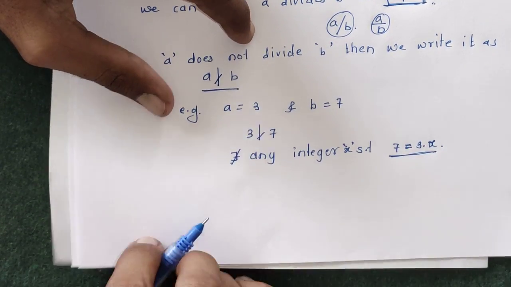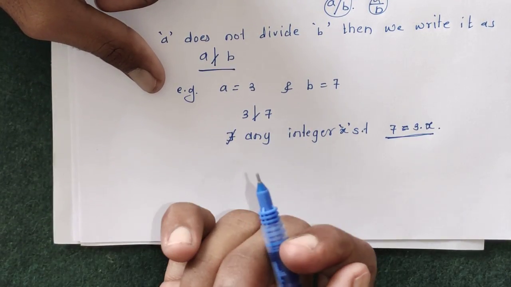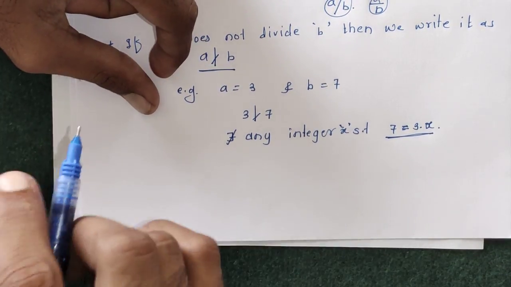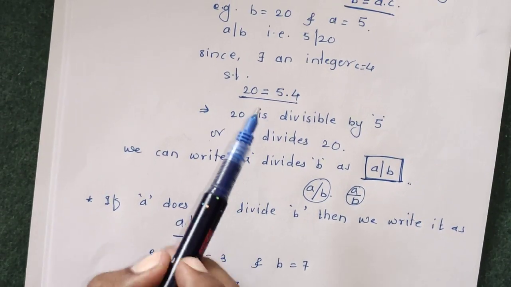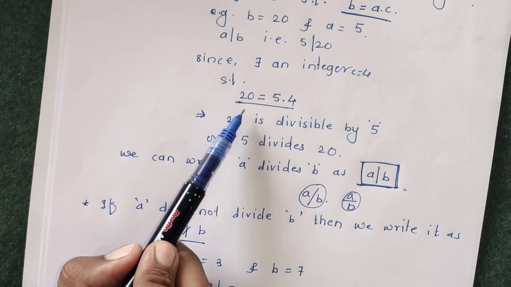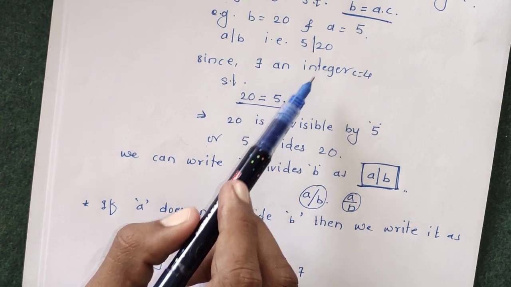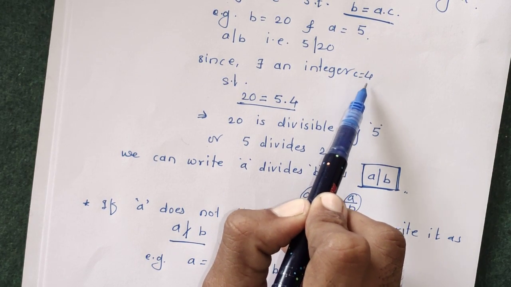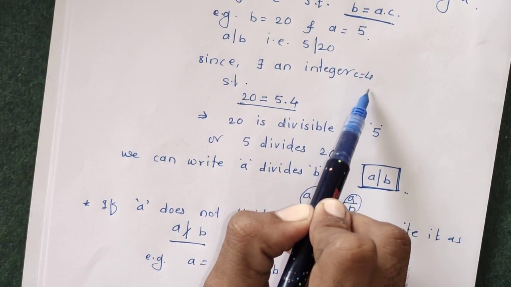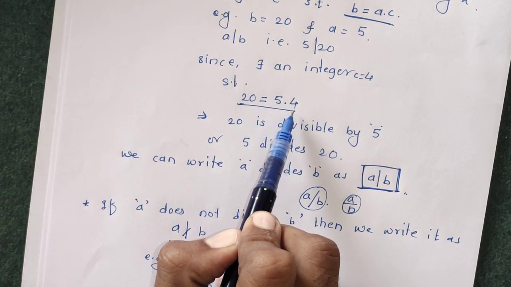This means when we say that some number divides another number, there must be an integer. Here we say that 20 is divisible by 5, or 5 divides 20, since there is an integer 4 such that 20 is written in the form of 5 into 4.